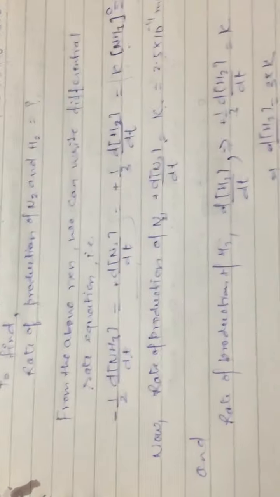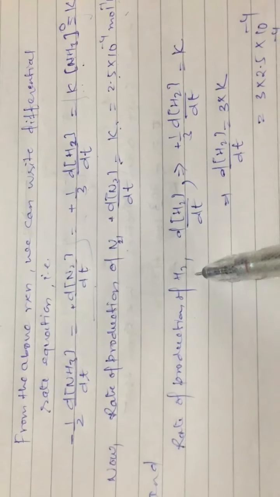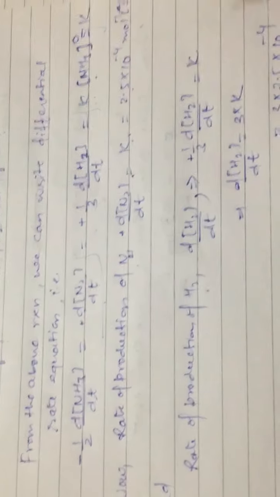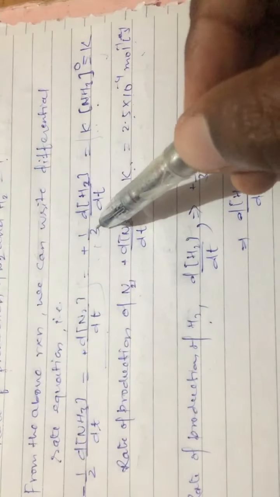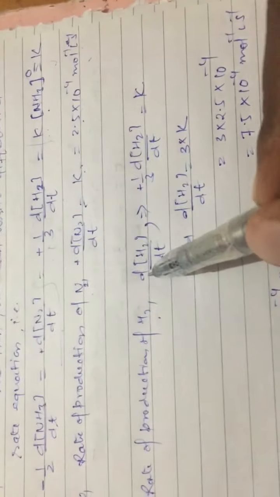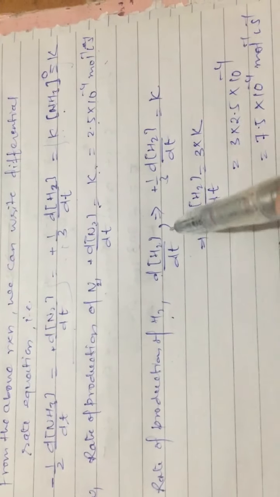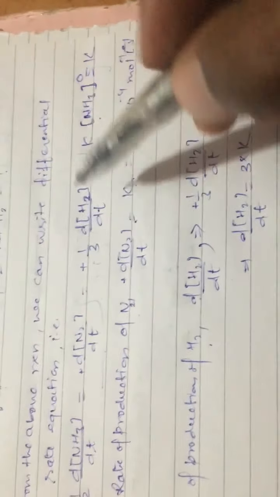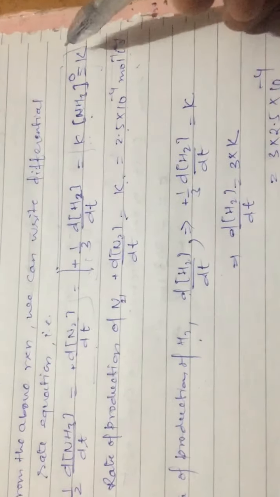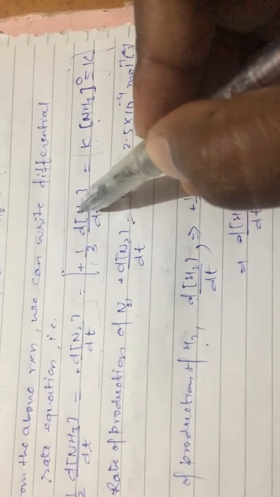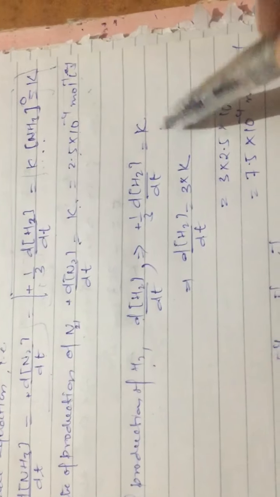Now come to the second part of the question, that is the rate of production of hydrogen. From the above equation we can again write the rate of production of hydrogen, that is differentiation of concentration of H2 upon dt. We will consider this equation, that is 1 by 3 dH2 upon dt equal to K. I am writing this equation here.